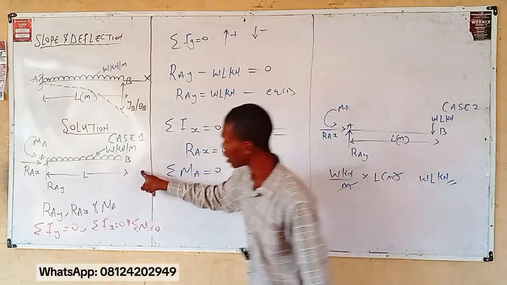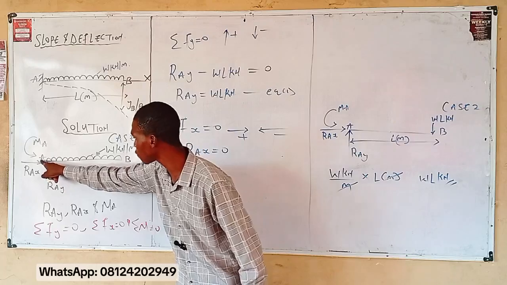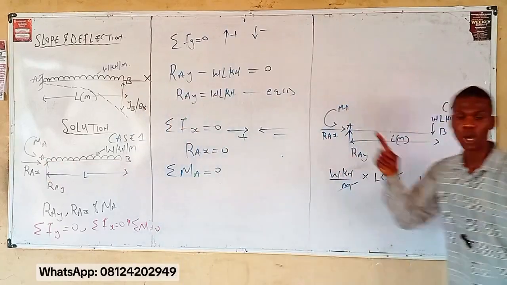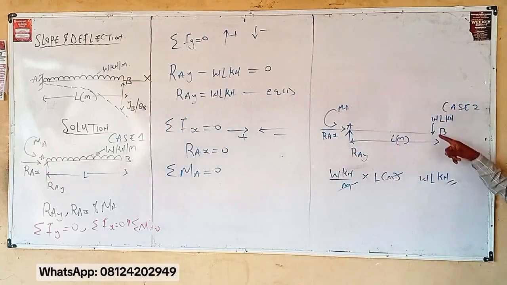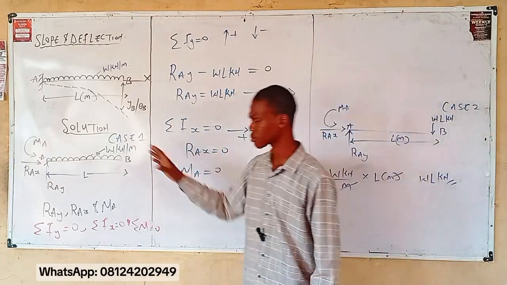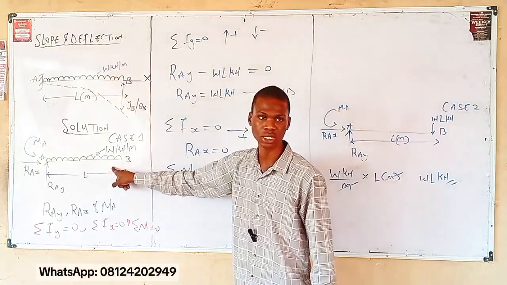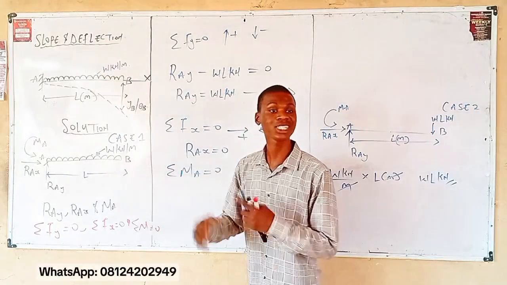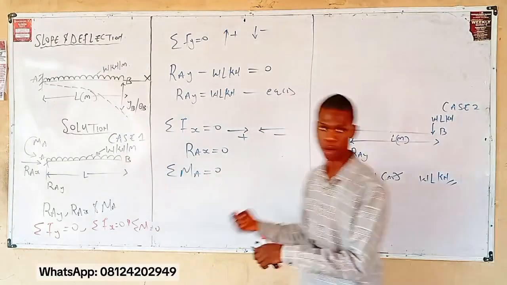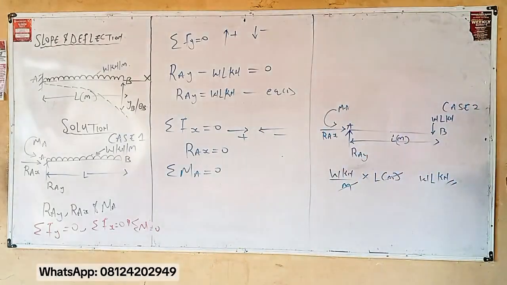But from what we have here, the UDL is spanning from A to B. So when you are drawing case 2, put your UDL at the free end. Normally we would have taken our moment using case 1, but for easier calculation, to see how it works, I want to use case 2 to take the moment.